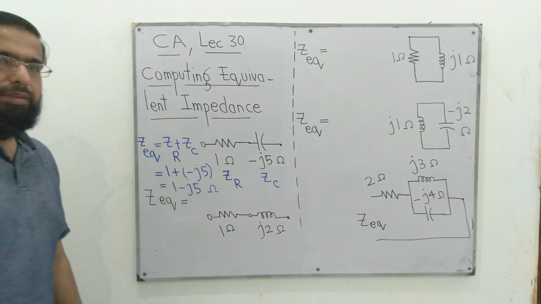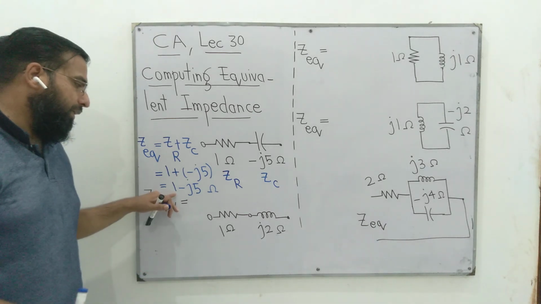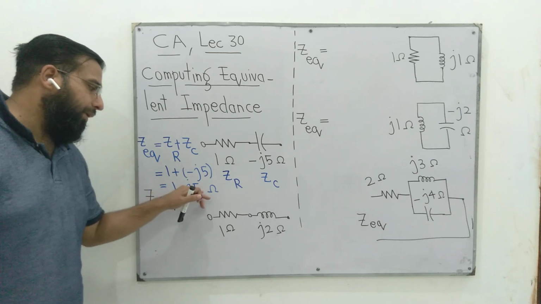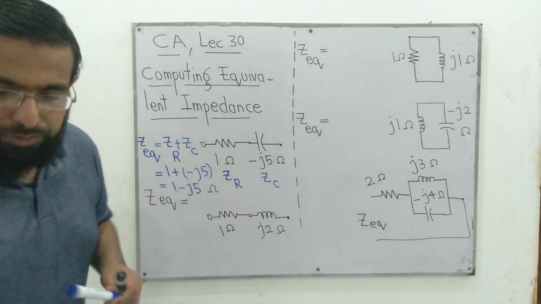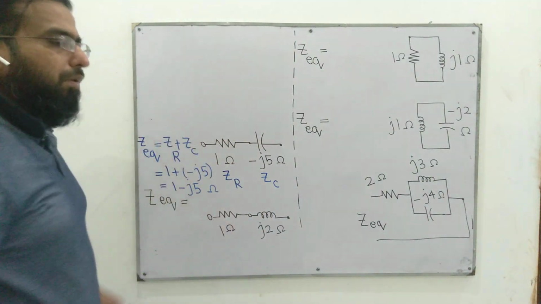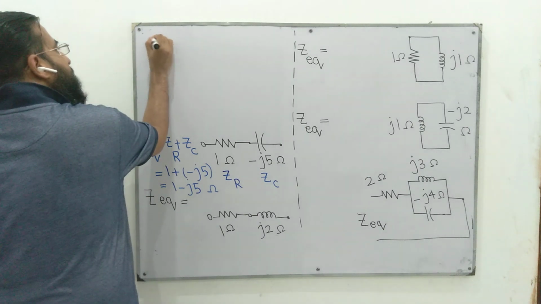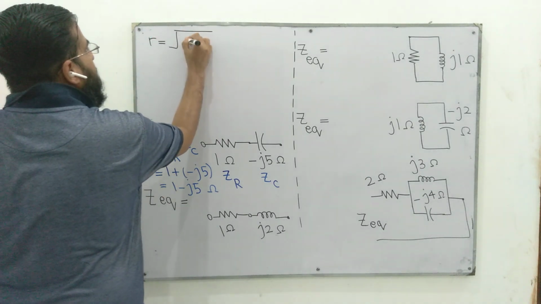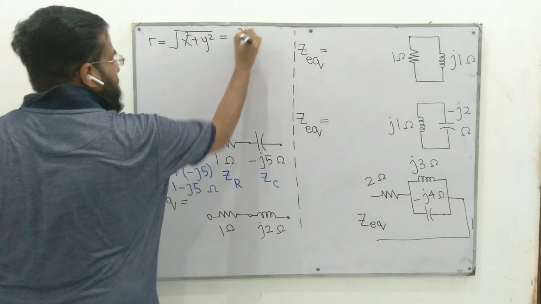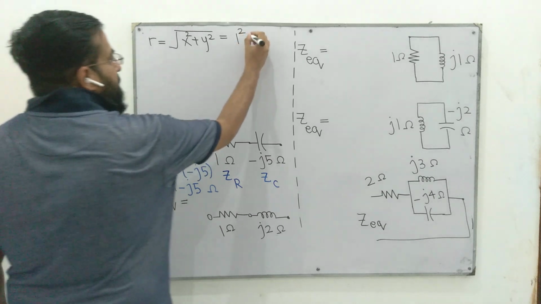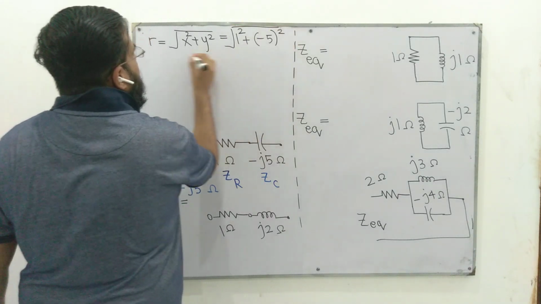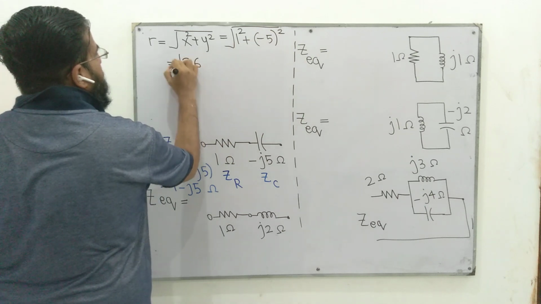This can also be written in polar form. This is in rectangular form where this is X and this is Y, the real part and the imaginary part. We can also write it in polar form. How? By using this expression: r is the square root of x squared plus y squared. 1 squared because x is 1, and y is minus 5. So 1 plus 25, square root of 26.